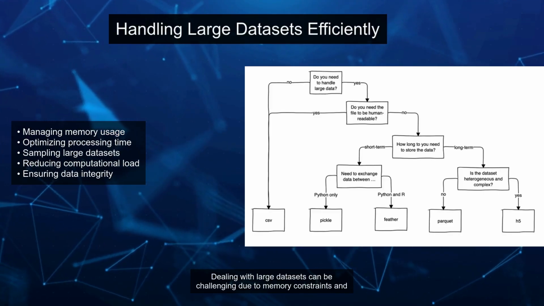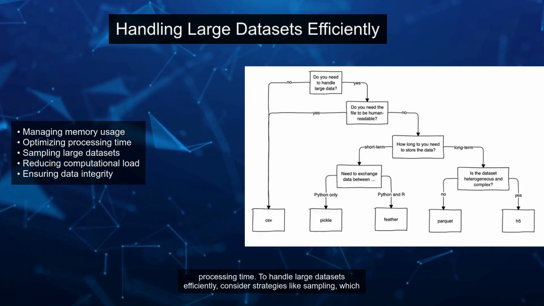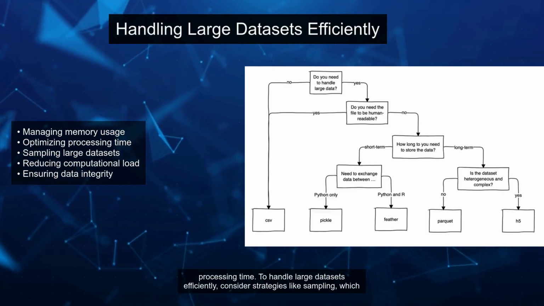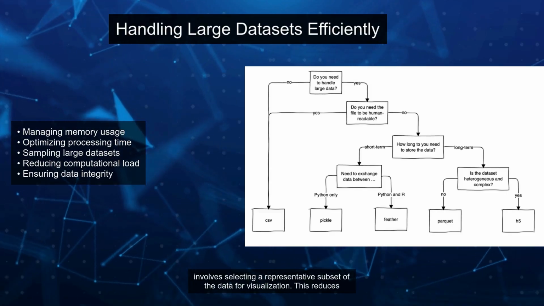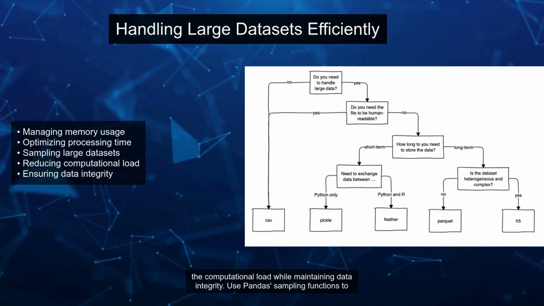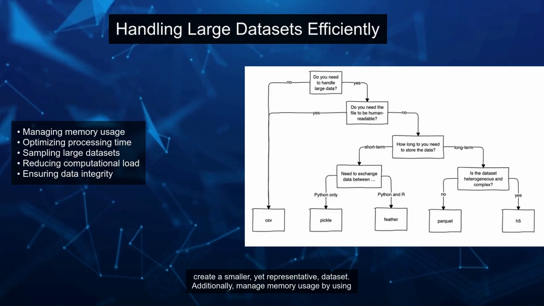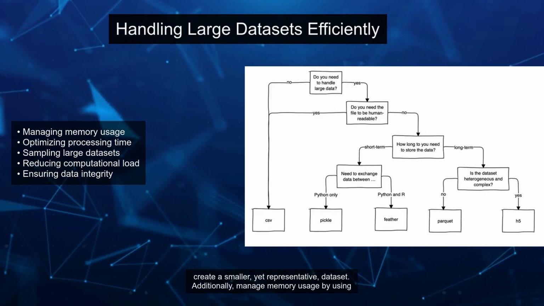Dealing with large datasets can be challenging due to memory constraints and processing time. To handle large datasets efficiently, consider strategies like sampling, which involves selecting a representative subset of the data for visualization. This reduces the computational load while maintaining data integrity. Use pandas sampling functions to create a smaller, yet representative, dataset.